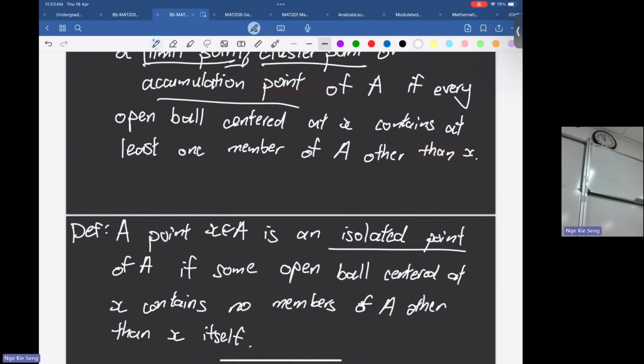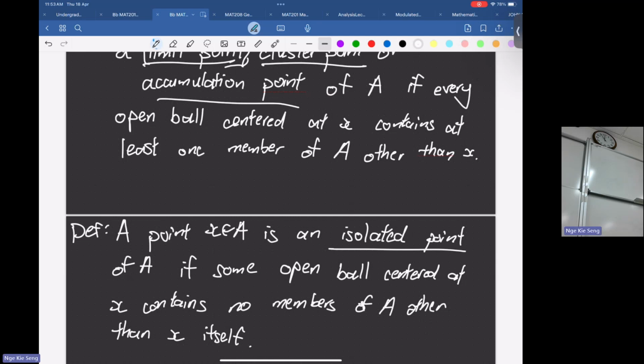But if we take the sequence to be constant. That's why it says here that it contains at least one member other than X, so you can build a non-trivial sequence. Like what you said, I can build a constant sequence, that one has a limit, but I don't want this trivial thing.